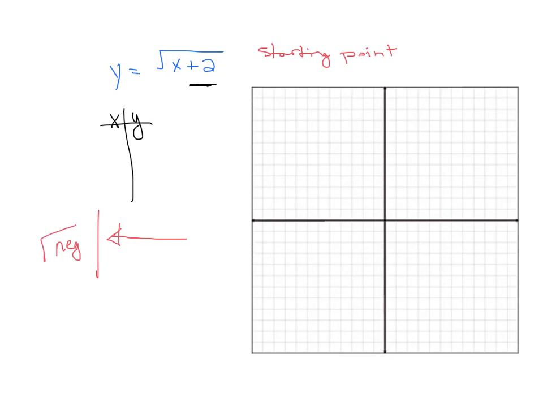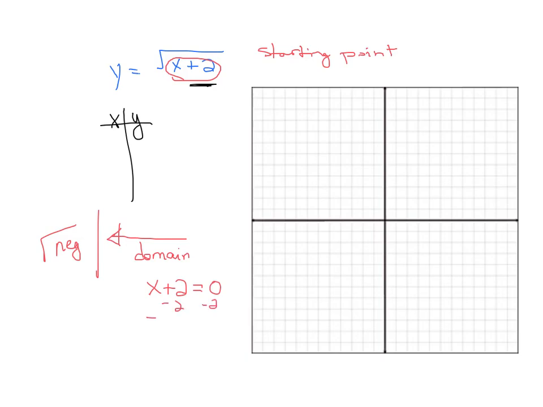So what we need to do is figure out what number would make the inside negative, or at least almost negative. So to find the domain, or the numbers that do work, that's what the domain is, the numbers at work, we take what's inside the radical, and we ask what would make it 0.